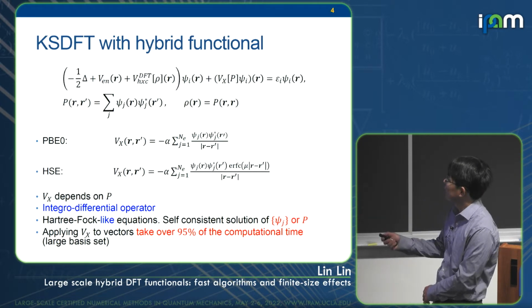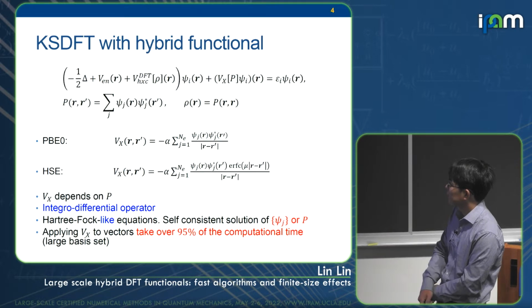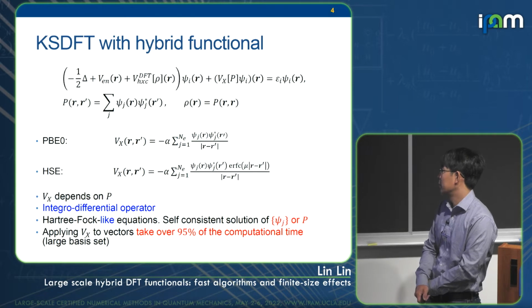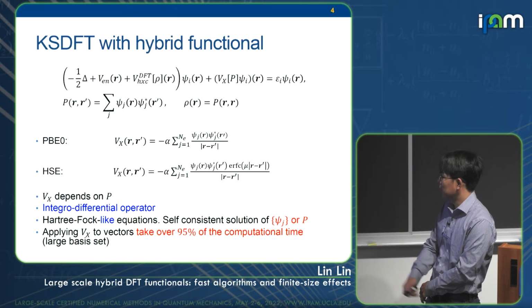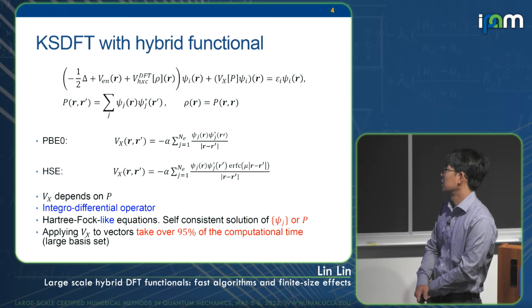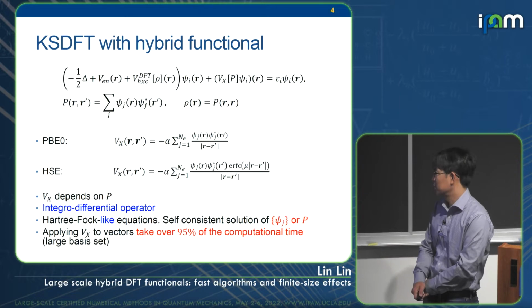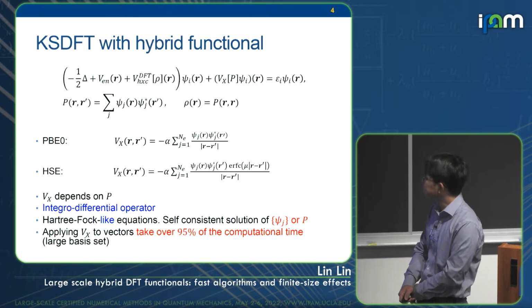It is given by a kernel, V_x(r, r'), and applying it to psi_i should be understood as doing an integral. In practice there are two very popular choices that are well cited in the literature, PBE0 and HSE. The difference is that one uses the bare Coulomb, and the other the screened Coulomb.